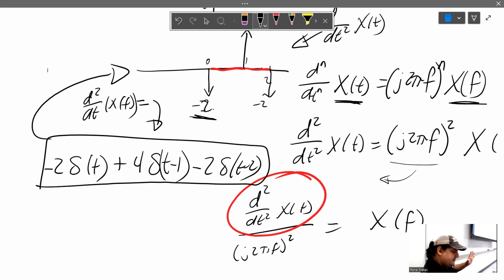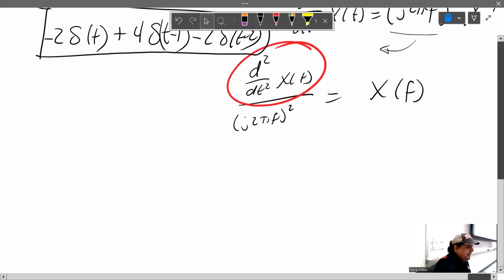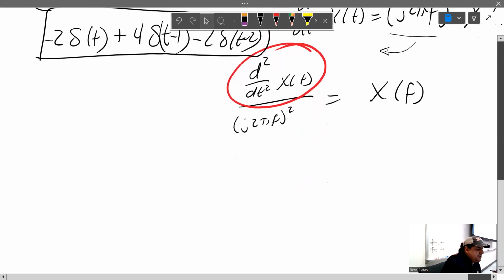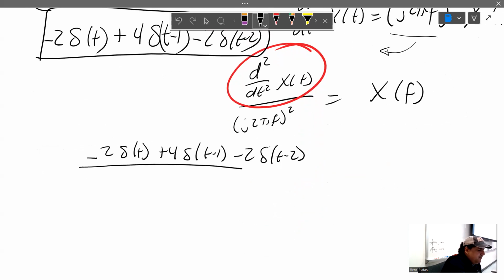Make sense? So now all we gotta do is write it down again. -2 delta(t) plus 4 delta(t minus 1) minus 2 delta(t minus 2), all over (j2 pi f) squared, is equal to X(f).